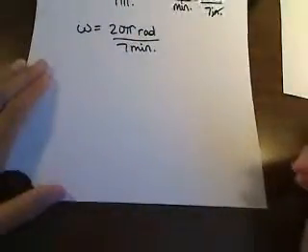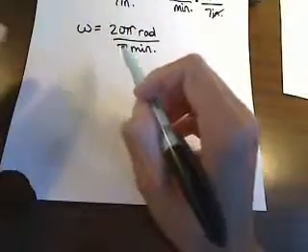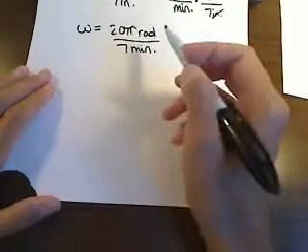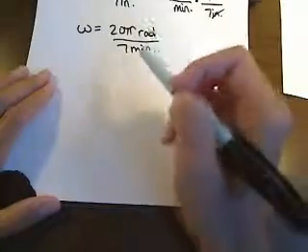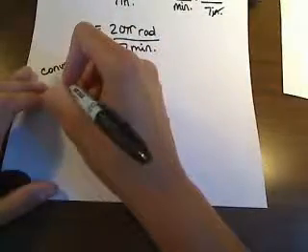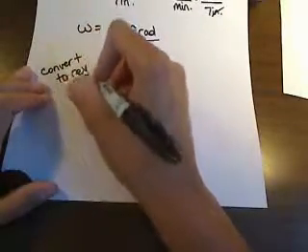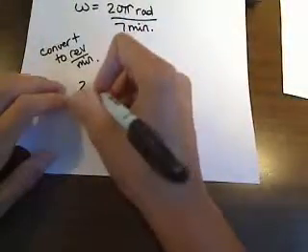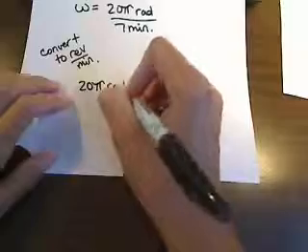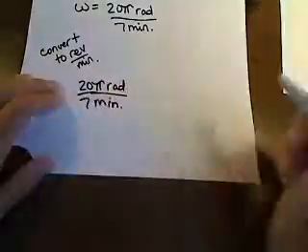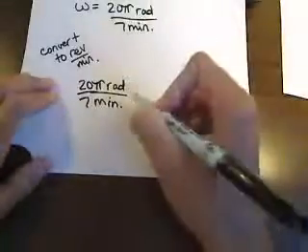Okay. All right. And then they're asking for the angular speed in terms of revolutions per minute and not radians per minute. So then we have to convert back. So we're now going to convert to revolutions per minute again. Okay. So to convert, we're going to take this 20 pi radians over 7 minutes, and we're going to multiply again.